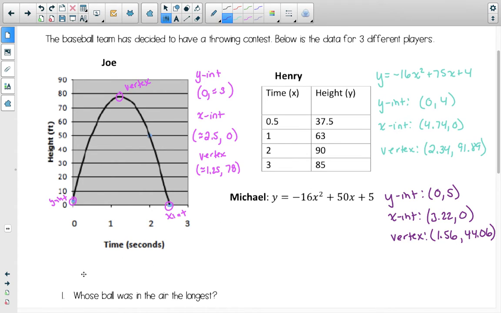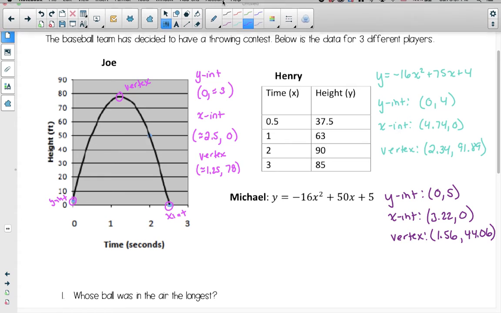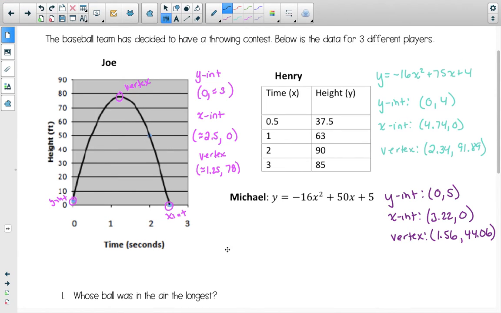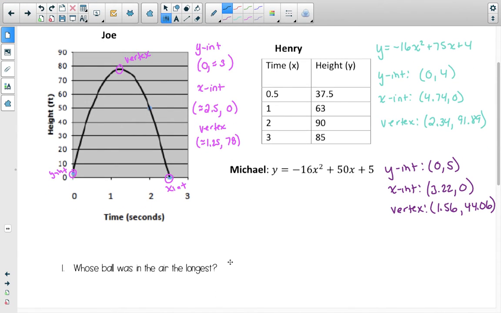The first question says, whose ball was in the air the longest? To be in the air the longest, it's from the starting point until it hits the ground. So we're going to look at the x-intercepts for that. Joe's x-intercept was at 2.5, so roughly 2.5 seconds.